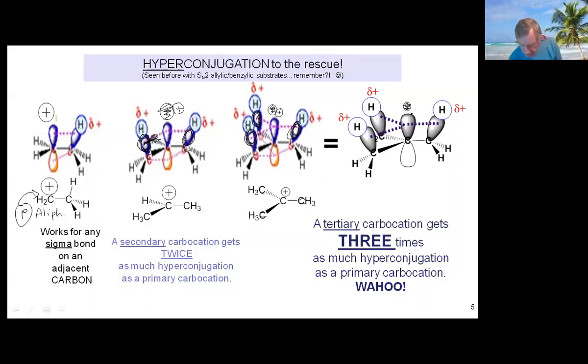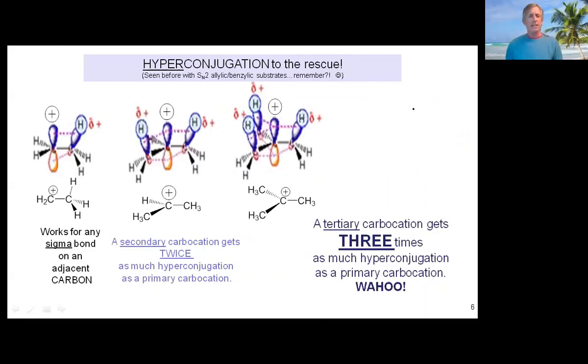This is even smaller. Having all these CH bonds donating through space, not resonance, but just through space, gives this tertiary carbocation 3 times as much hyperconjugation as a primary carbocation, making it at least 3 times more stable than the primary carbocation.